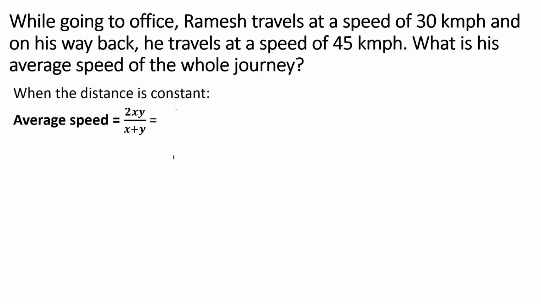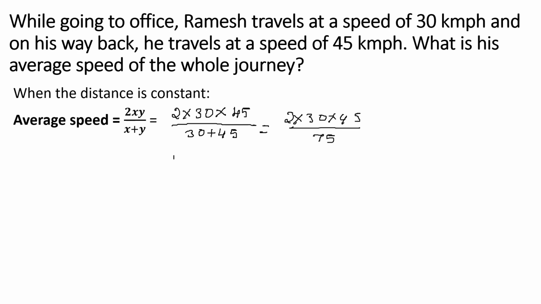So what are the two different speeds here? x is 30, and y is 45 km per hour, divided by x plus y. So 2 into 30 into 45 divided by 30 plus 45, that is 75.